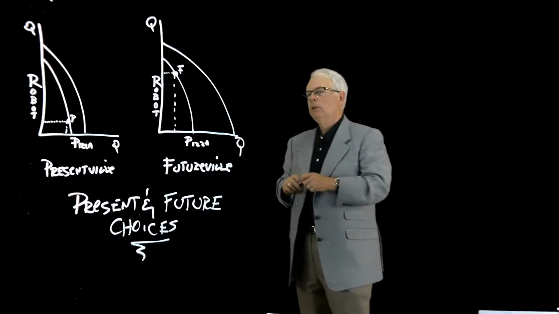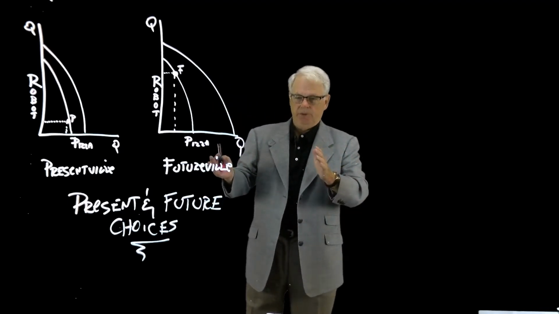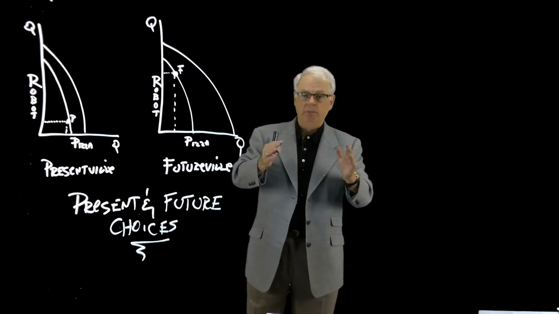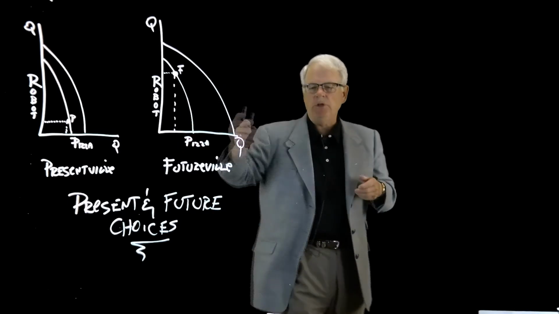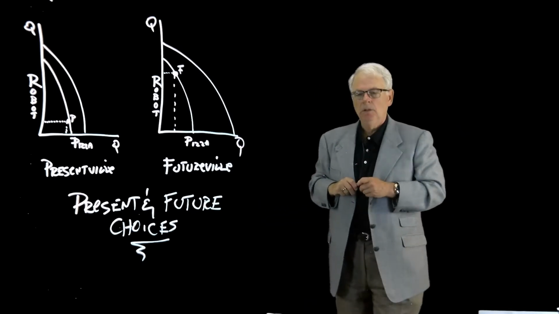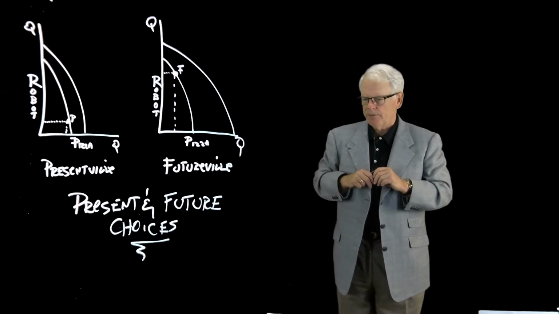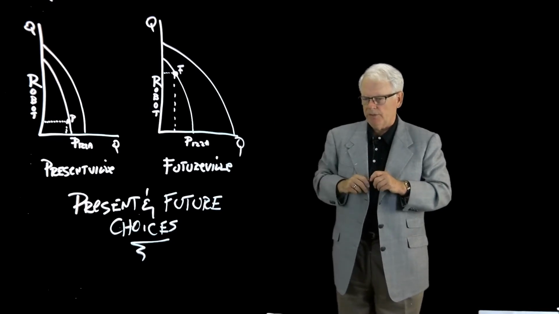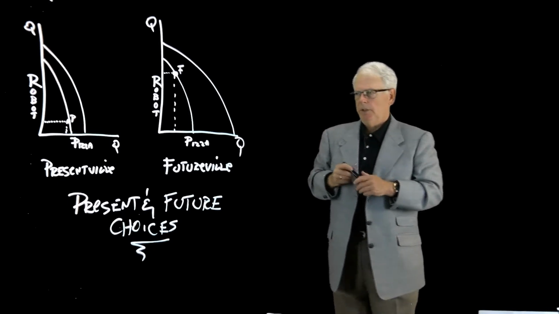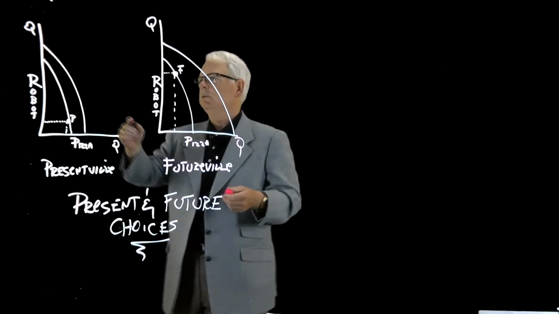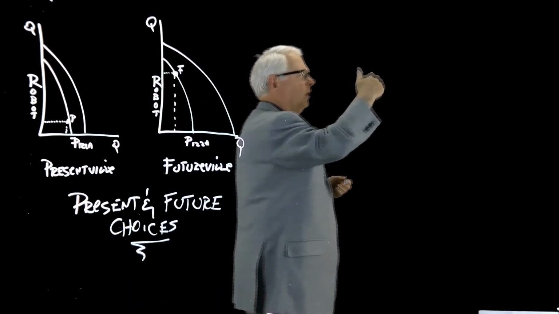Okay? So what will happen to each of these as they move through time? Presentville, still making robots, still has an opportunity to grow the economy, just like Futureville, only the growth patterns of each of these two markets are significantly different. In the case of Presentville, yes, their production possibilities curve expands over time in the long run.